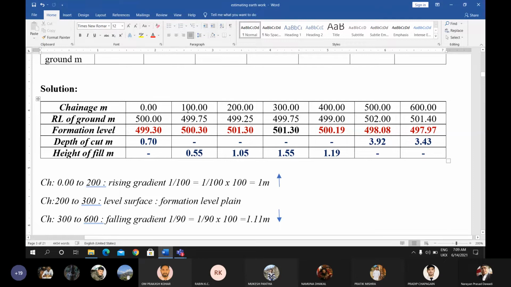That is, the 100 meter chainage must have a formation level 1 meter higher than the 0 meter chainage, because it is a rising gradient.